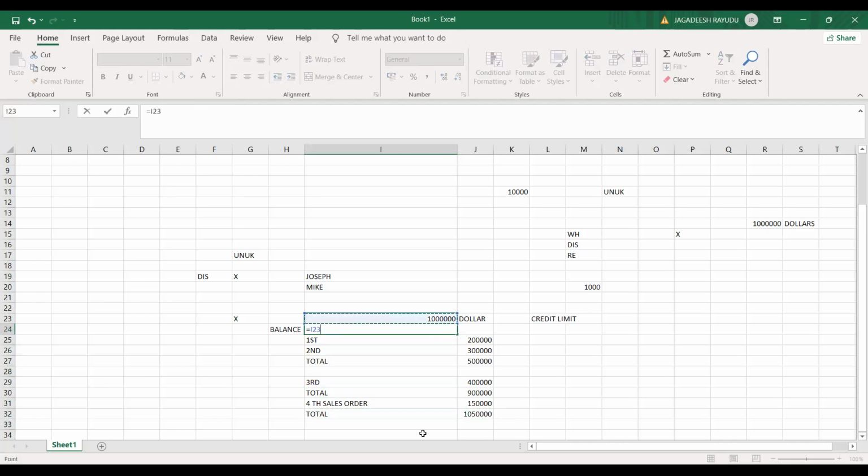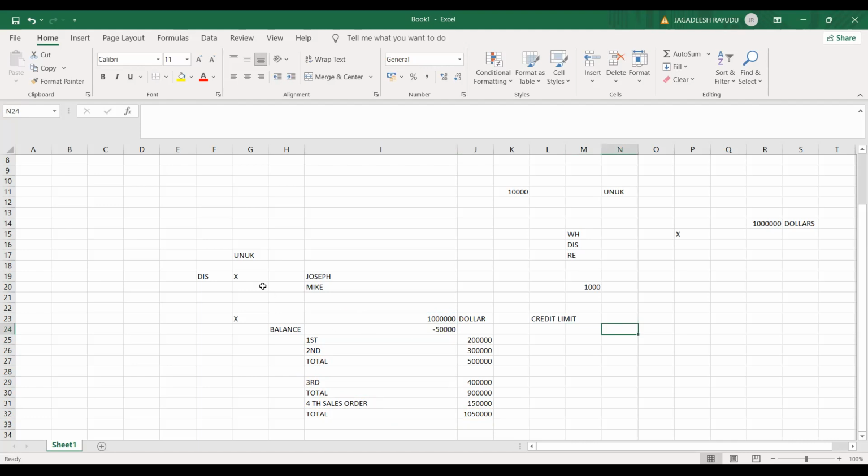Balance equals my credit limit minus my total, and it came to minus. That means he crossed over the credit limit. Whenever he crosses the credit limit, it should be stopped by the company. Why? Because he is beyond his credit limit. So how are you going to stop the system?